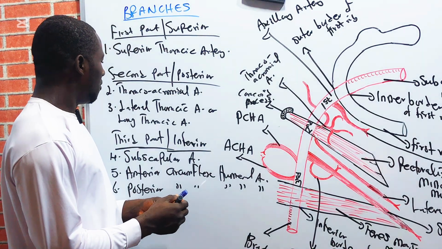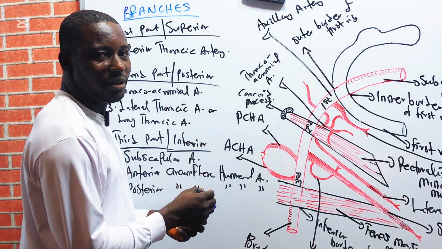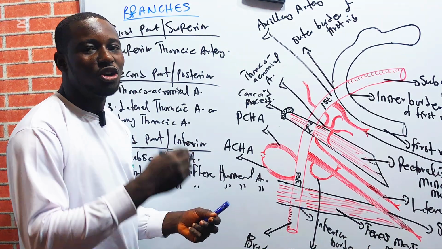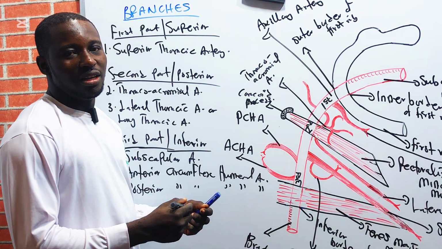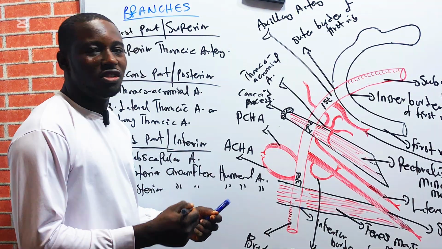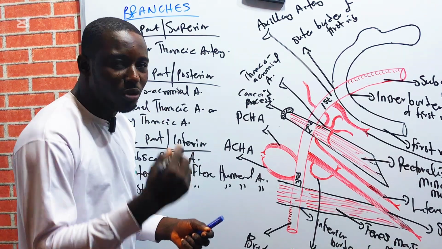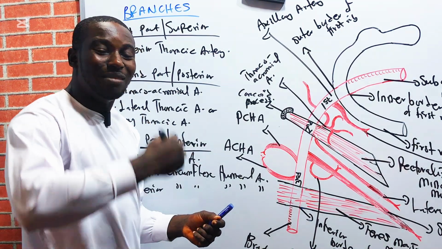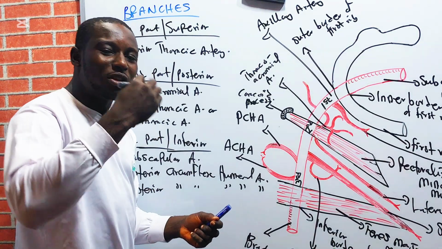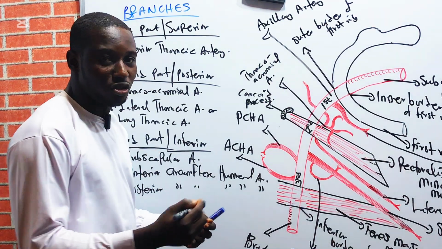Okay. The lateral thoracic artery can be called the long thoracic artery. It runs along the inferior border of the pectoralis minor muscle, supplying the pectoralis minor, the pectoralis major, and the serratus anterior muscle.